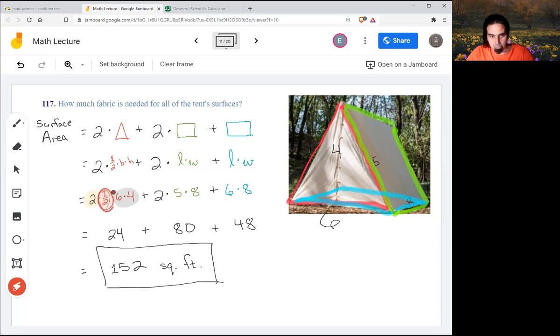This 1/2 is because the formula has a 1/2 in it. And the 6 and the 4 are things that somebody measured with a ruler. So it will help you to keep aware of how those are different types of things. But I'm going to erase my highlight because it's going to really confuse someone looking at this later.